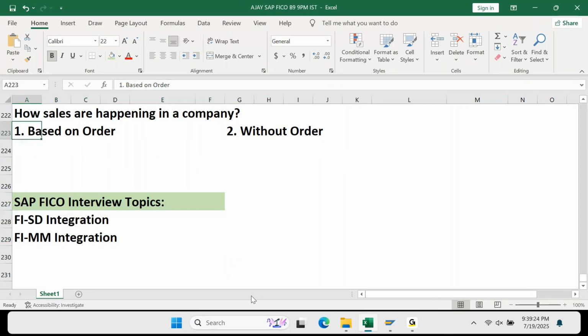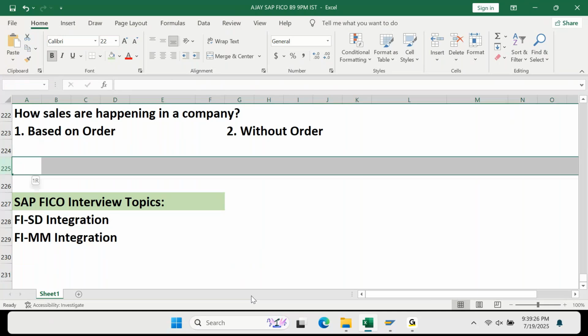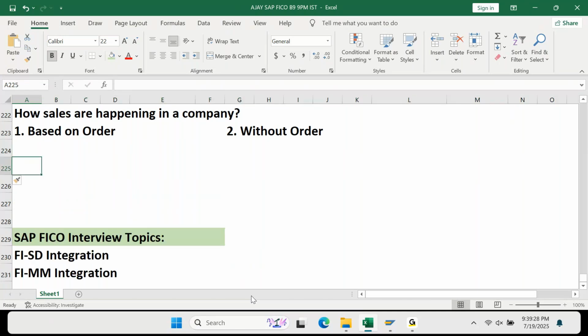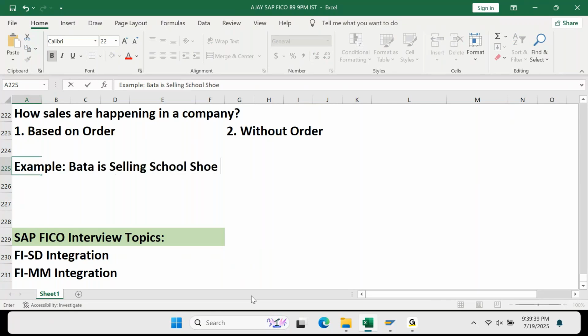In your example, you need to ensure something like, let's take an example. Bata is selling school shoe to customer A for 1000 INR. Possible or not?